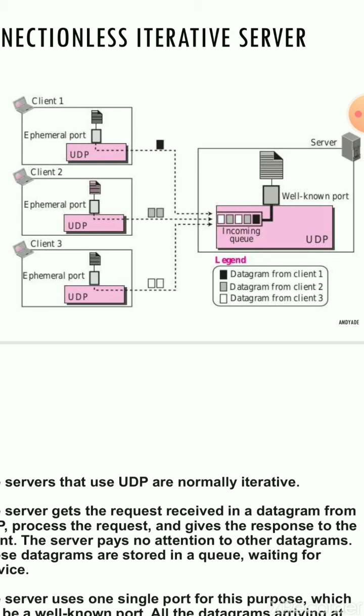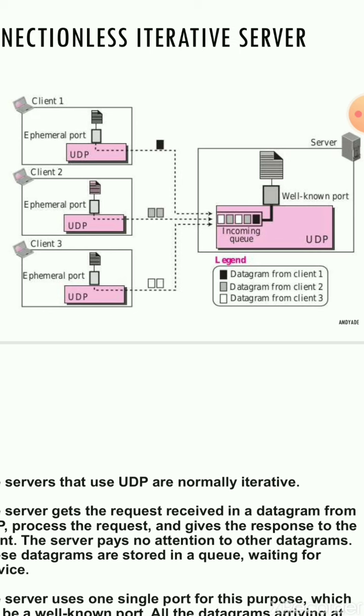Whatever requests come from the client use an ephemeral port number, which is some number used for the communication. At the server side, a well-known port number is used for the communication. The requests sent from the different clients come to the server and wait in the queue.